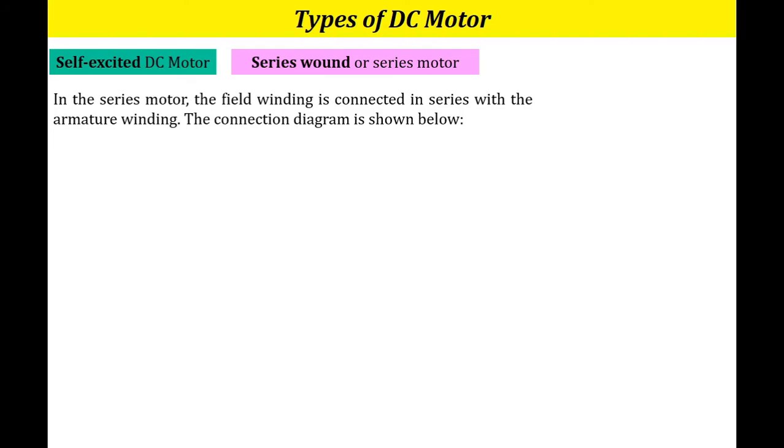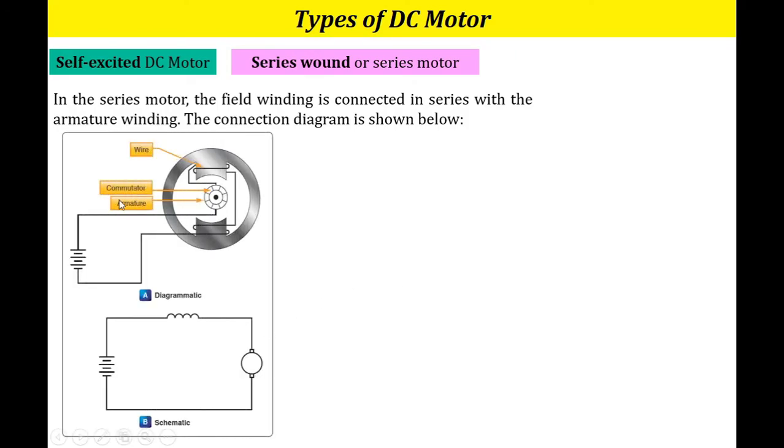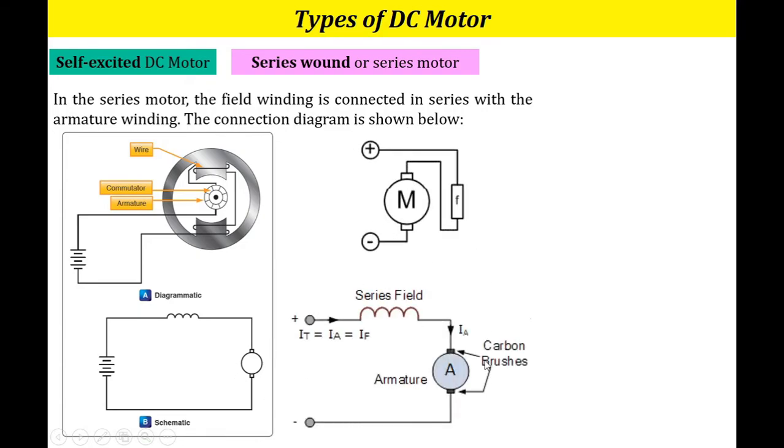As the name suggests, in a series wound motor the field winding is connected in series with the armature. This is the diagrammatic representation. This is the field winding, and you will observe that it is connected in series with this armature. For understanding of a series wound motor, we are going to use this diagram.